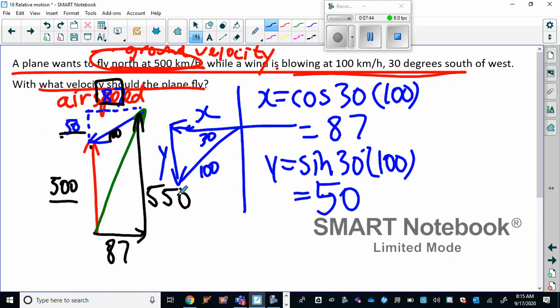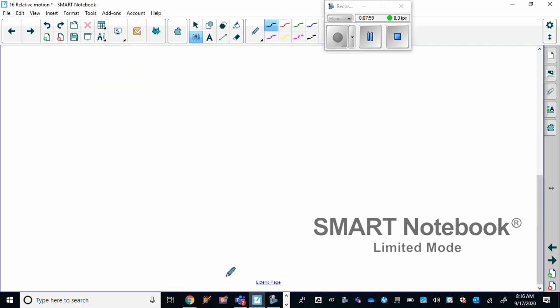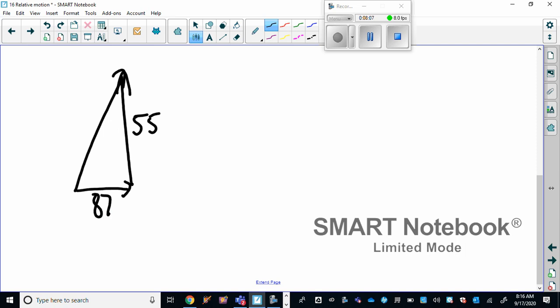Now that I've got that, calculating the green is simple. Simple Pythagorean theorem, inverse tangent. Let's just draw it separately because at this point it's getting a little convoluted. So we've got resultant, we've got an easterly component, we've got a northerly component. This one we said was 87, this one is 550, R, theta.